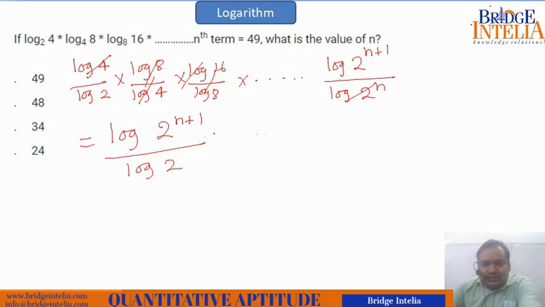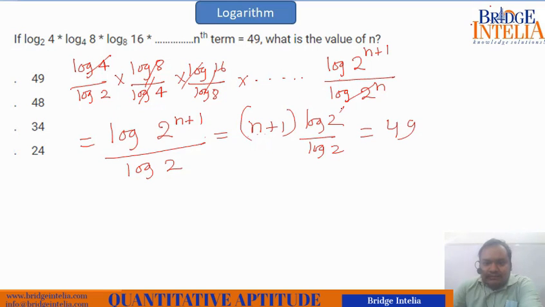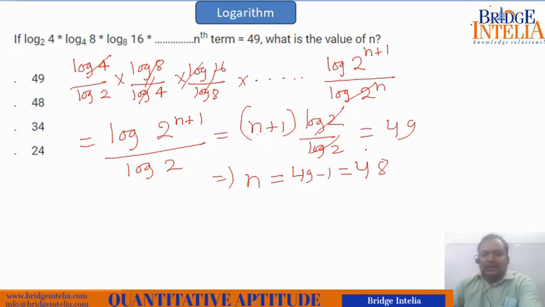So this again comes out to be n plus 1 into log 2 by log 2. This is given to us as 49, so from this approach as well, we get that n is equal to 49 minus 1, equal to 48. So whichever approach you take, the answer has to be the same.